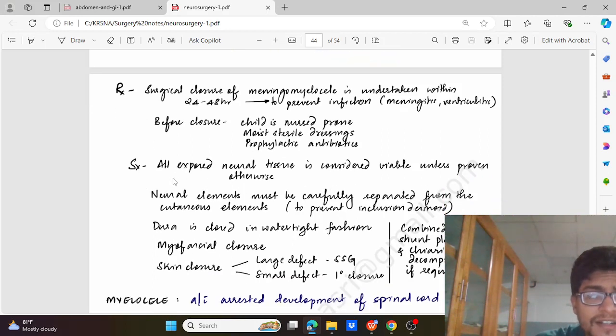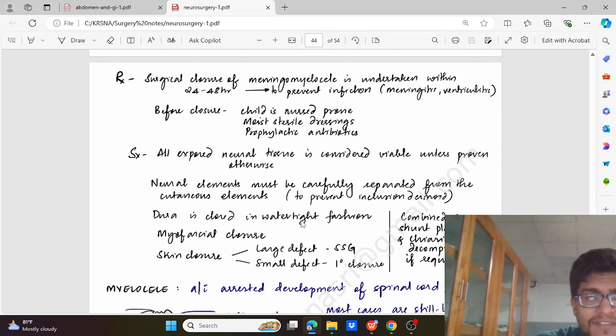Prophylactic antibiotics are started, and in surgery we expose all the neural tissue. All the exposed neural tissue has to be replaced and is considered viable unless proven otherwise. The neural elements are carefully separated from the cutaneous elements to prevent dermoid, and the dura is closed in a watertight fashion. Then we go for myofascial closure and skin closure.